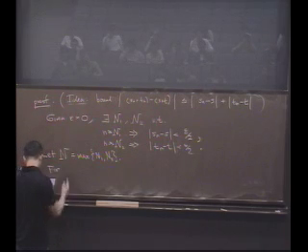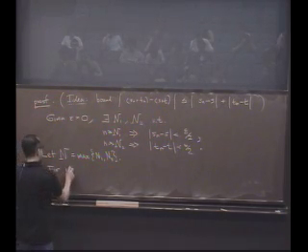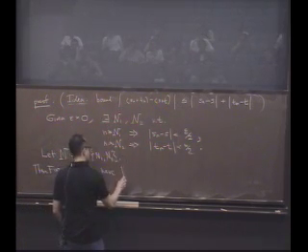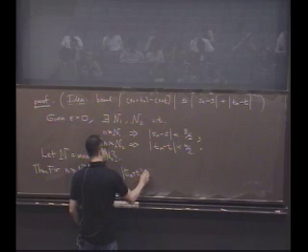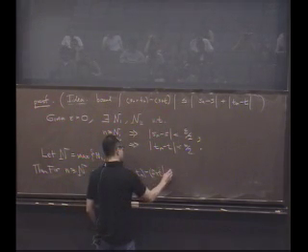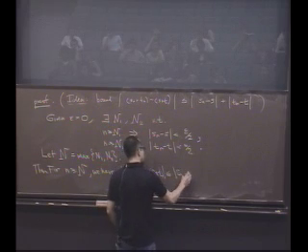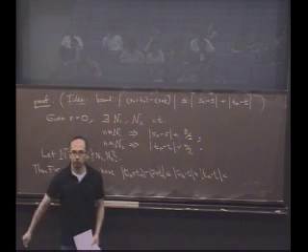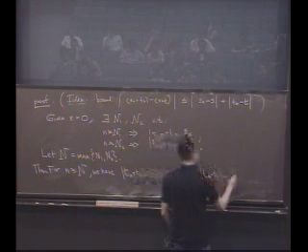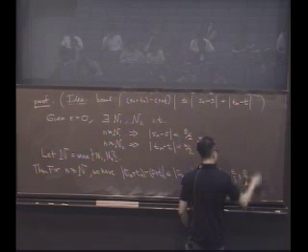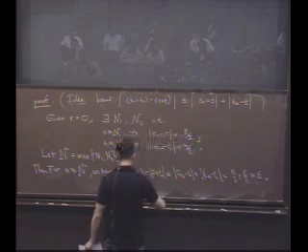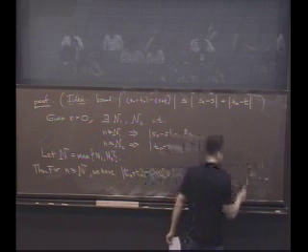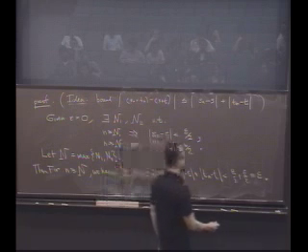For little n bigger than big N, we have, and I'm just repeating this observation, Sn plus Tn minus S plus T is less than or equal to Sn minus S plus Tn minus T, which is less than, strictly, what? Epsilon over 2 plus epsilon over 2, which is epsilon. And the important part here is you've shown this is strictly less than this, as desired.